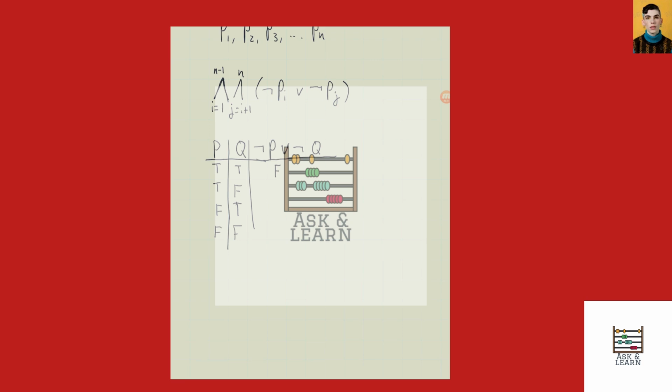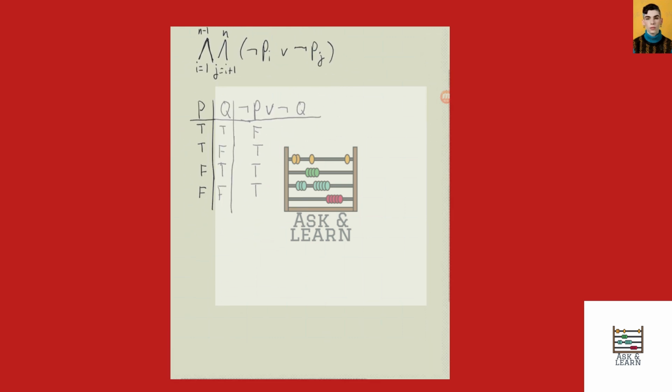If we look at P true, Q false, then not P gives us a false, but the not Q gives us a true, so that will give us a true here. Then for false and true, again we'll have a true here, and if both P and Q are false, we end up with a true for not P or not Q. So we have false, true, true, true.